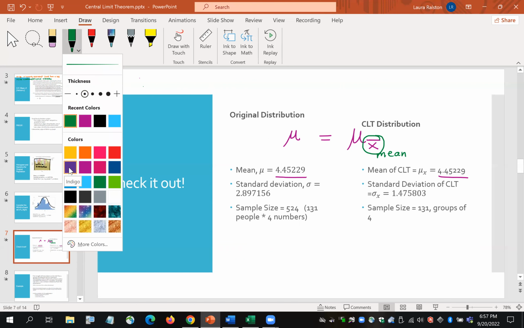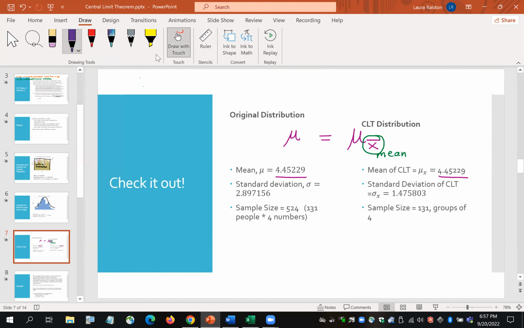Similarly, for the standard deviation, it tells us that the standard deviation of the central limit theorem, again with that subscript of X bar to indicate that it is the central limit theorem we're using, is equal to the original standard deviation divided by the square root of the sample size.